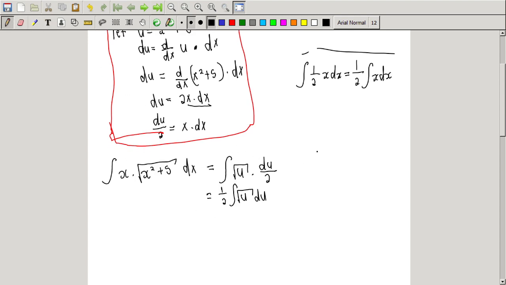So the square root of u is the same as u to the power of 1 over 2.